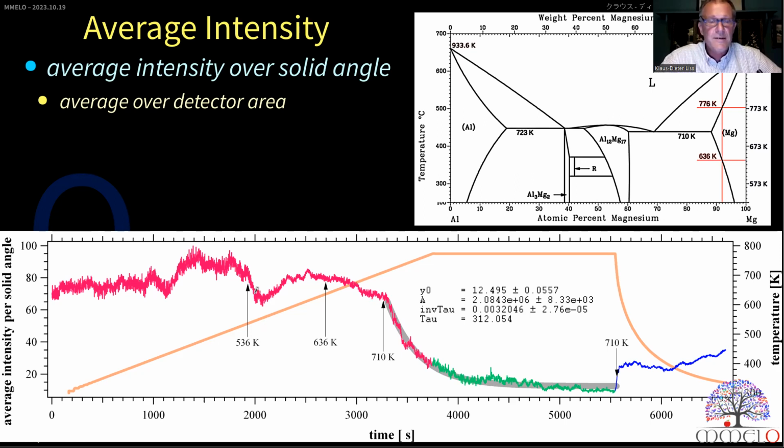So here it's a kind of a recovery. Here is a phase transformation, 633 Kelvin, and at 710 Kelvin we go through a eutectic reaction, and then intensity goes down because a lot of grain growth, and then we go into dynamical theory of diffraction and things like that. As we cool, intensity goes up again because of distortions.